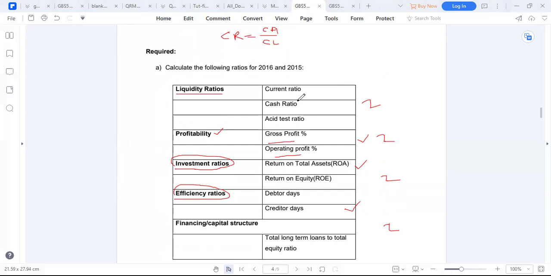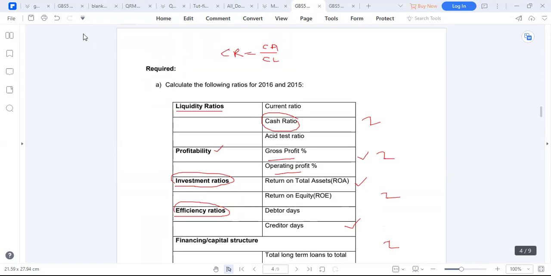Okay, cash ratio. Can somebody help those that did we calculate the cash ratio? I think we used the cash and cash equivalent, or the cash and bank, over the current liabilities.